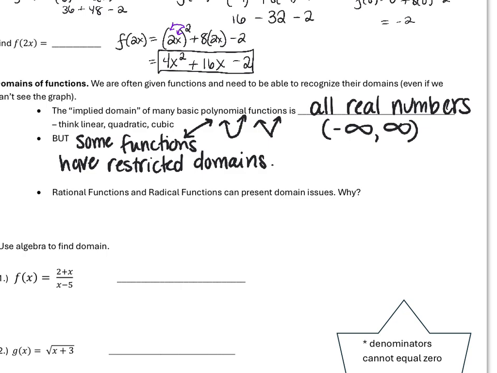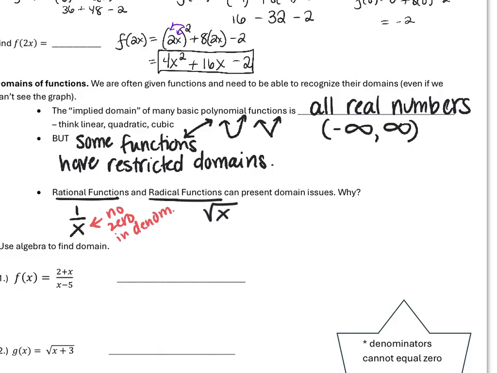Okay, so rational functions, where we have something like this, and radical functions, where we have something like this, often present domain issues. Why? Well, in a rational function, we cannot have 0 in the denominator.